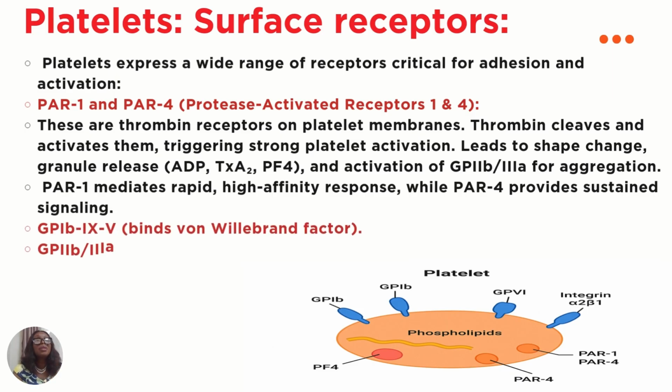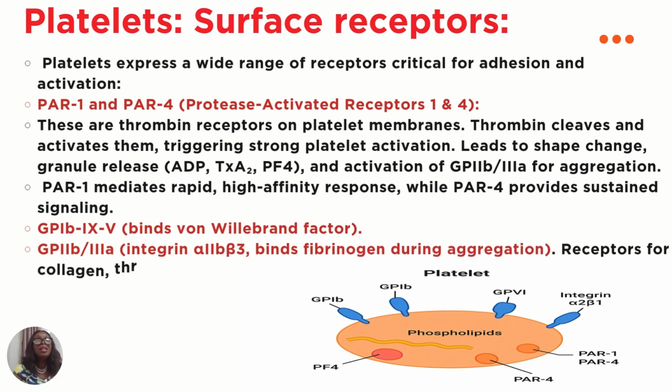Thrombin cleaves and activates them, triggering strong platelet activation that leads to shape change and also positive feedback that leads to release of more adenosine diphosphate, thromboxane A2, platelet factor 4, and activation of the integrin glycoprotein 2B3A that enhances platelet aggregation. Protease activated receptor 1 mediates a rapid high affinity response, while protease activated receptor 4 provides sustained signaling.